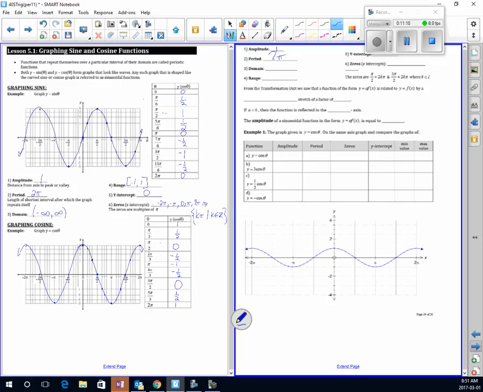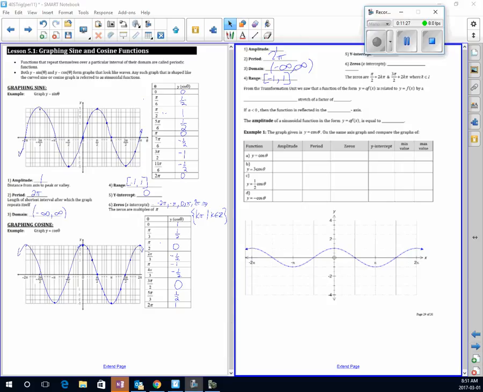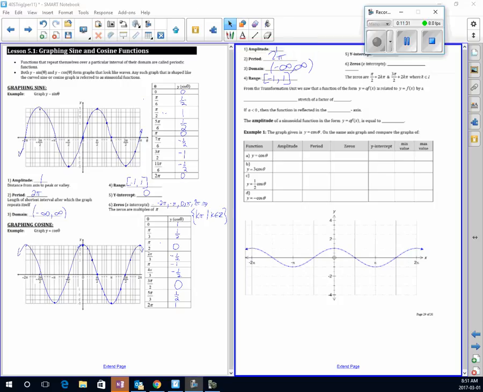The domain, of course, is all real numbers. The range is the same, negative 1 to 1. My y-intercept, of course, is 1.